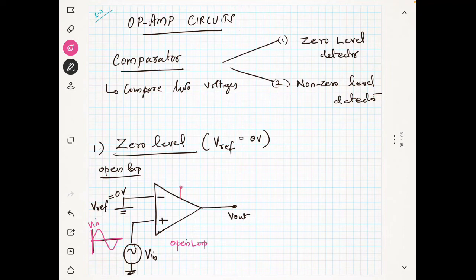Here I will represent my maximum voltage as plus Vmax, and the minimum voltage as minus Vmax.